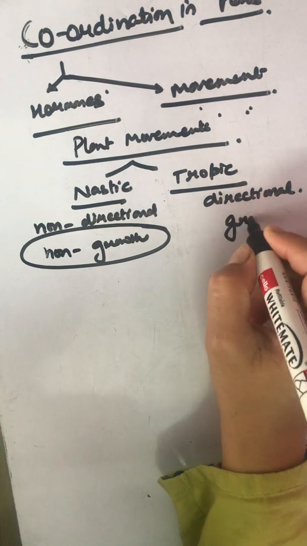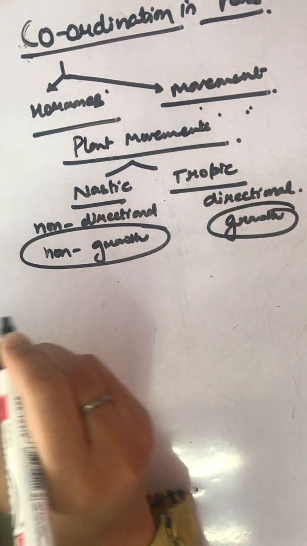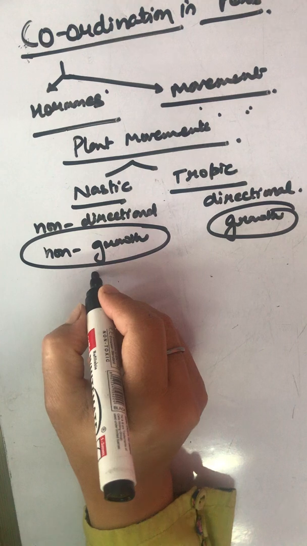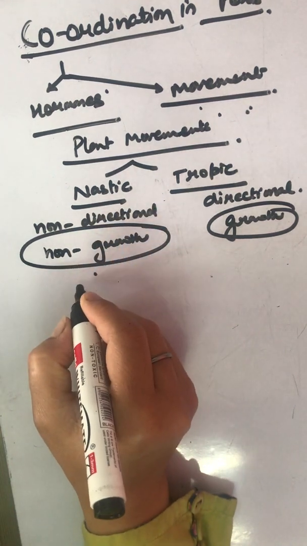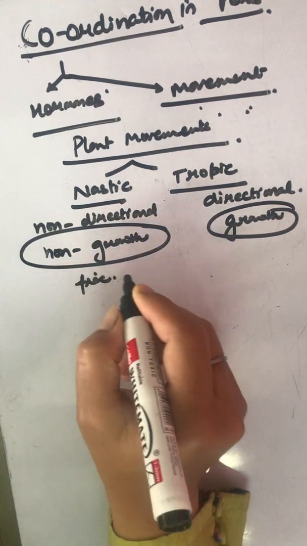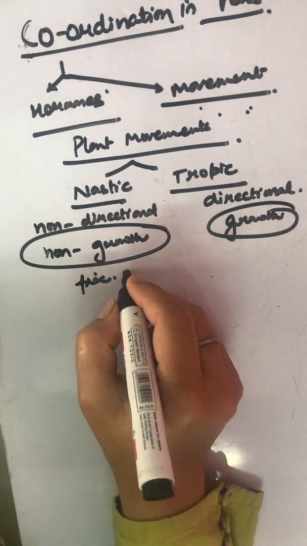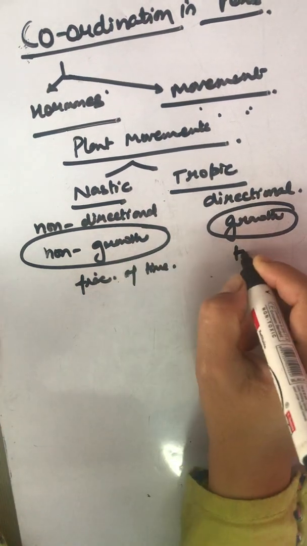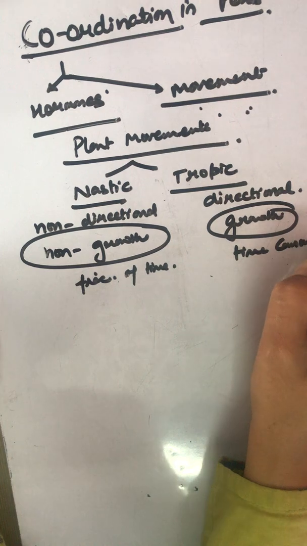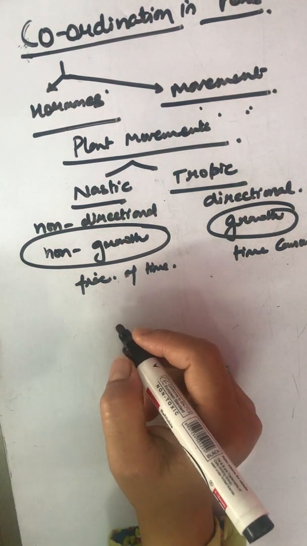These are growth related. Okay? These take place within a fraction of time. That means they take very little time. These are time consuming. Right?